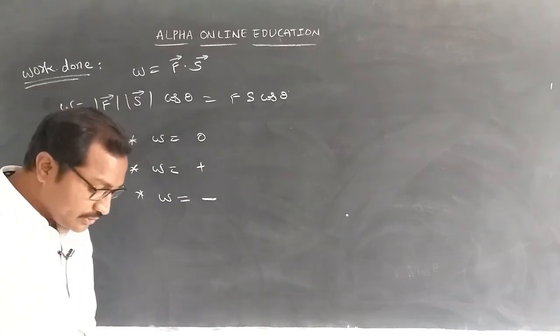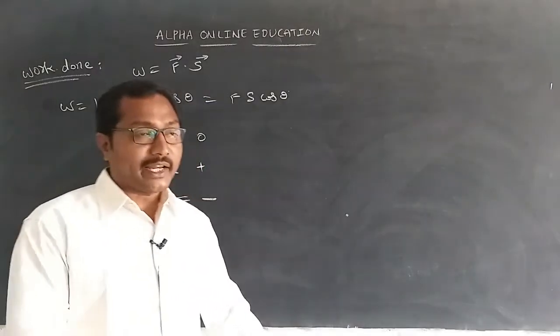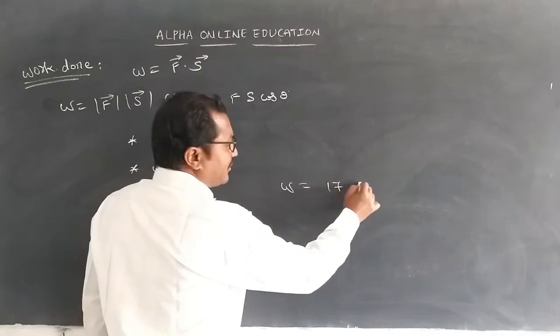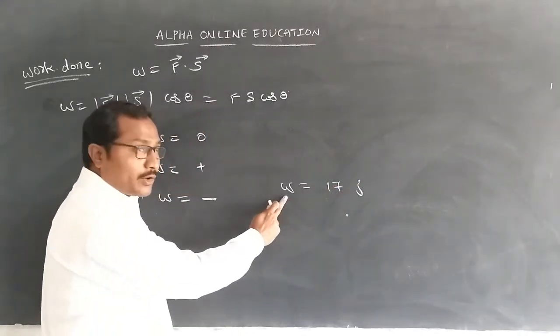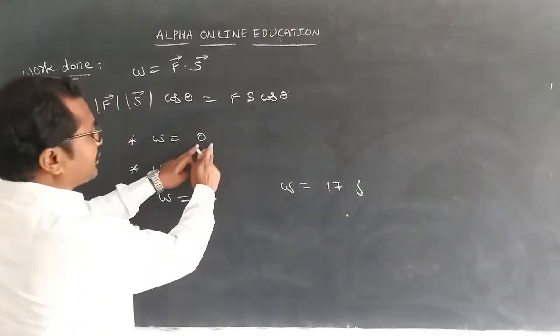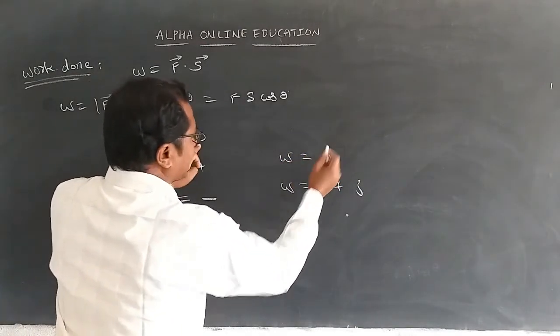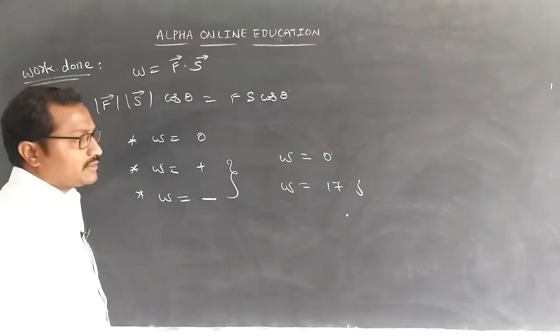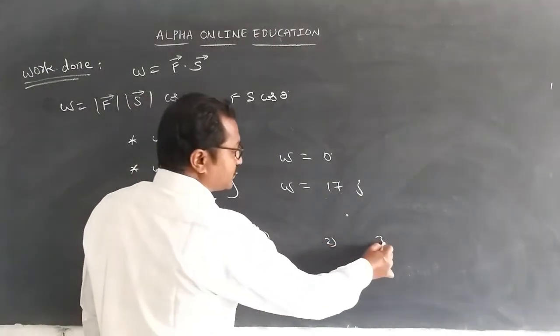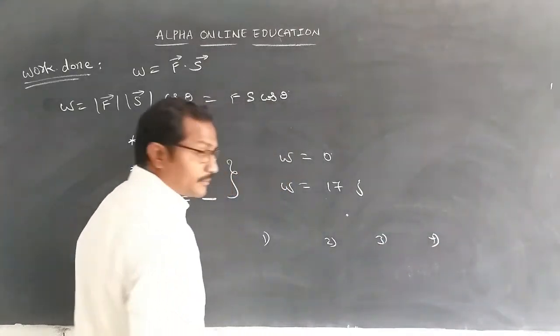Okay, if you enter into the competitive track, then for example we have some 17 joules for some work done. Okay, if it is 0, this is another case. Now I am talking especially about these 2 cases, and we have the options 1, 2, 3, and the 4th option like this.